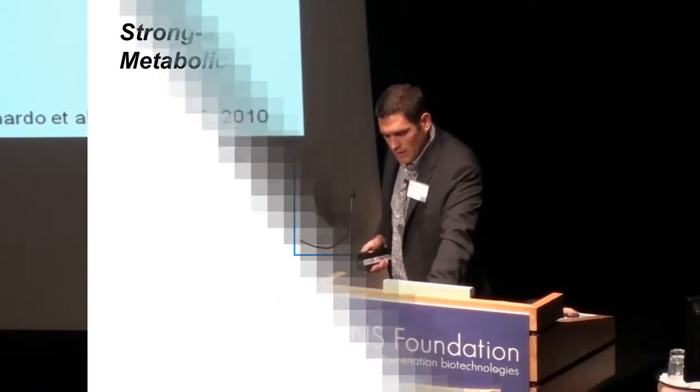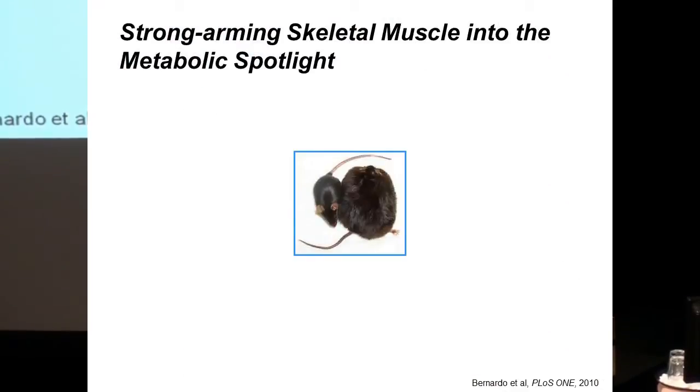And we are unfortunately unable to use aged C57 black 6 mice as a model of metabolic dysfunction, because in fact they're quite metabolically healthy in late life. So we use the Ob/Ob mouse here, and this is a fat, fluffy one if you haven't used Ob/Ob mice before.